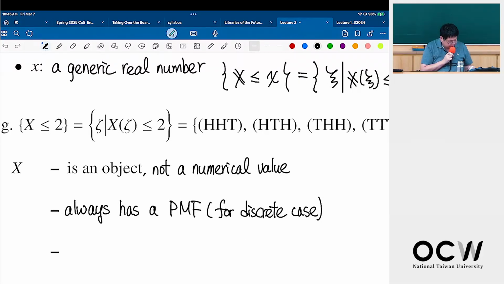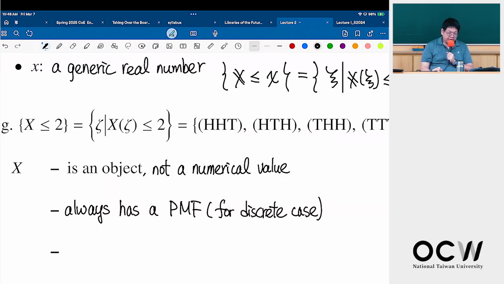For this random variable X, it always has different numerical values for a different experiment. If I roll the die, then the number could be 1, 2, 3, 4, 5, 6. And if I flip the coin, there'll be head and tail.